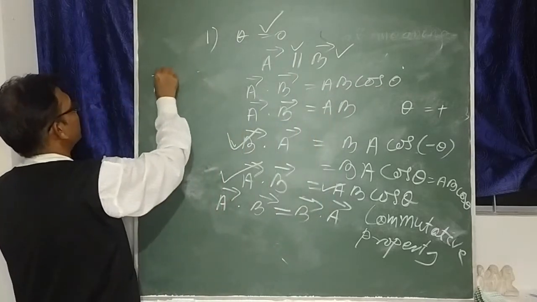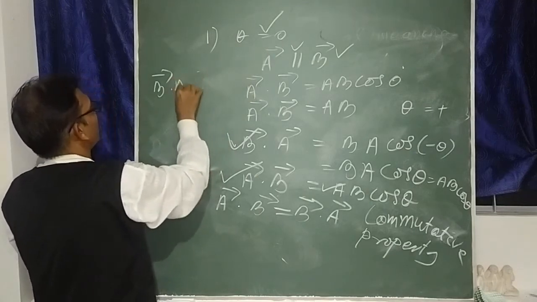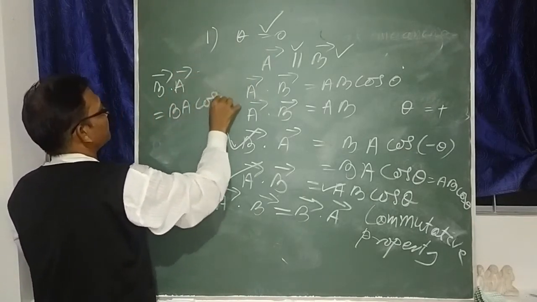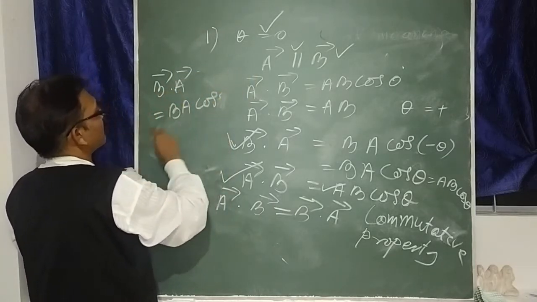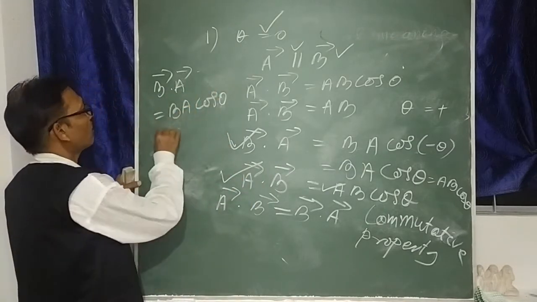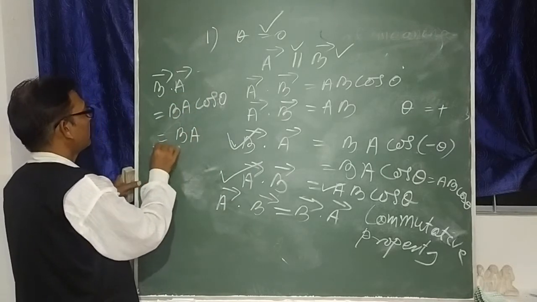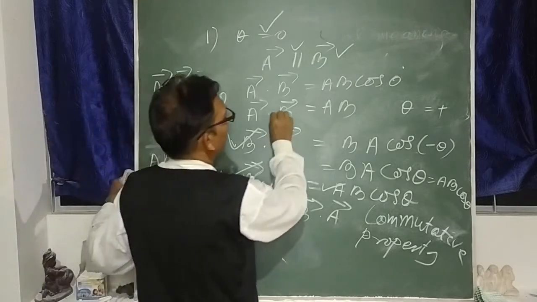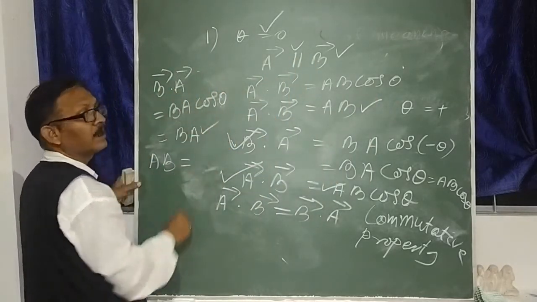Similarly, B dot A in the parallel case, where the angle is 0, is BA cos 0. Cos 0 is equal to 1, so BA. So A dot B is equal to AB in the parallel case, and B dot A is equal to BA in the parallel case.